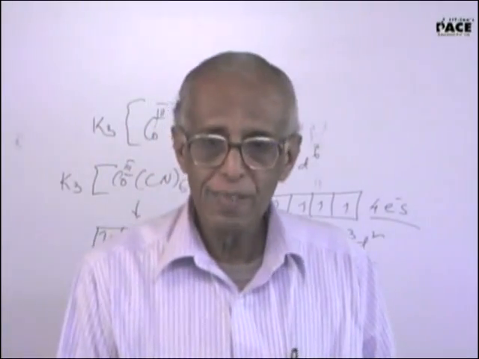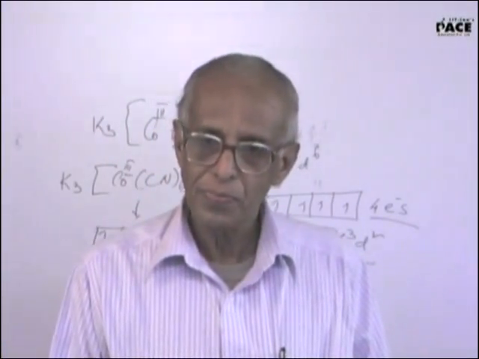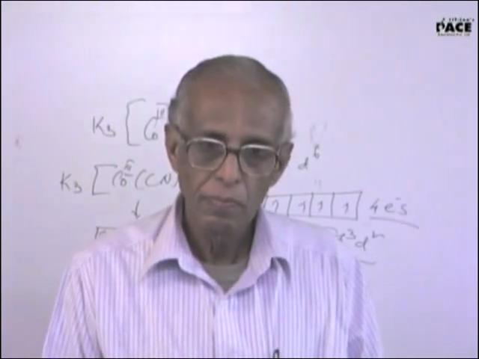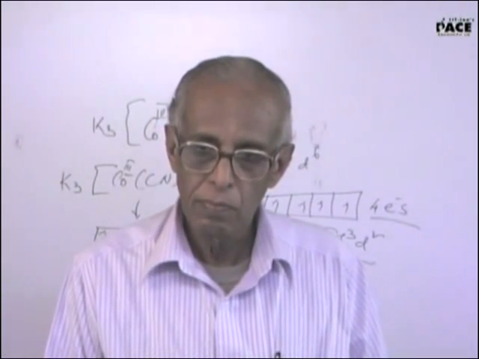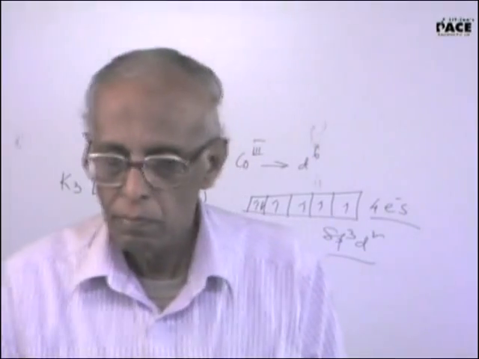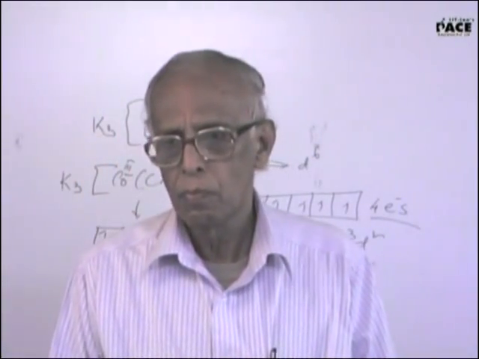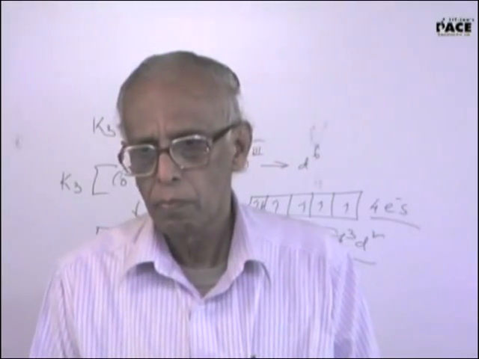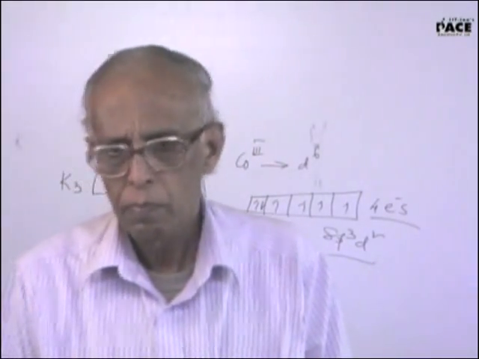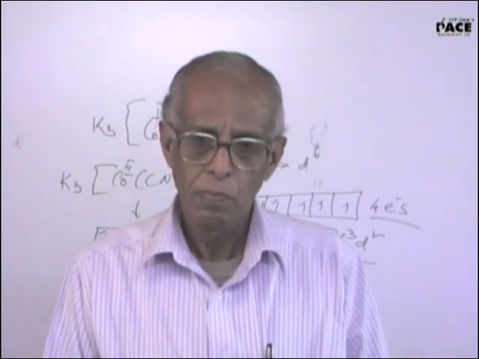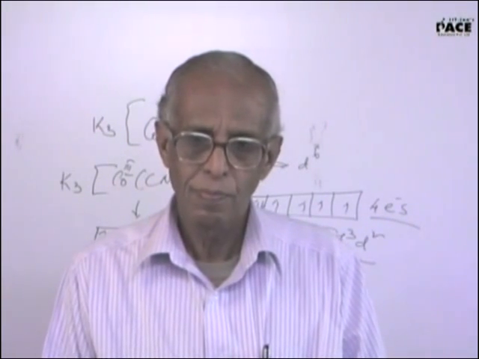Any other question? Sir, in the polymerization of ethene with Ziegler-Natta catalyst, I read that there is a bond formation between the Ziegler-Natta catalyst and ethene, and the long chain is formed. Sir, how is it then separated?